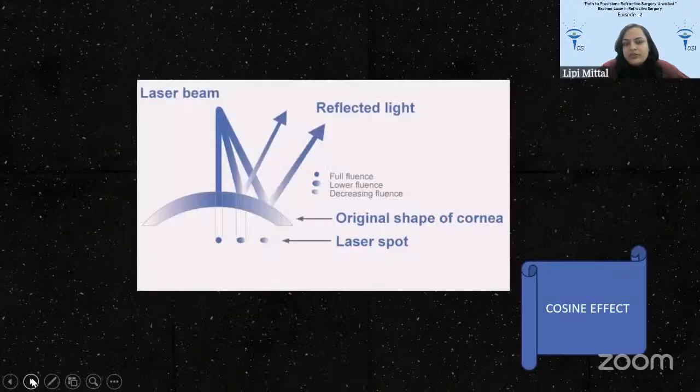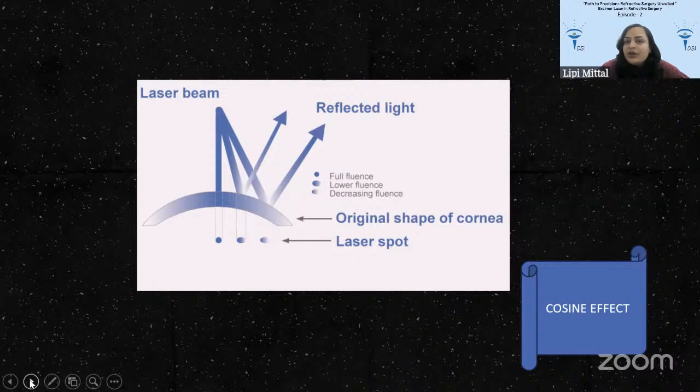So let me just briefly describe the cosine effect. Whenever the laser is fired onto the cornea, in the central portion, the laser spots are smaller and the fluence is full. As we move towards the periphery, the spot shapes become oblong and the fluence decreases, leading to spherical aberrations.